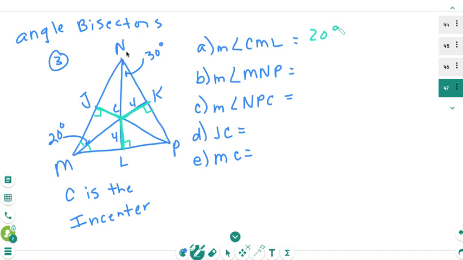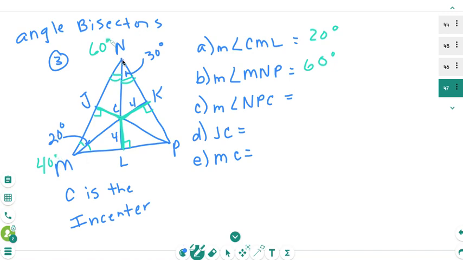So we're looking for this big angle. Well, if this is 30 degrees, then this is 30 degrees, which makes the whole angle 60 degrees. We also can find angle PMN over here by doubling 20, and that's going to give us 40 degrees.